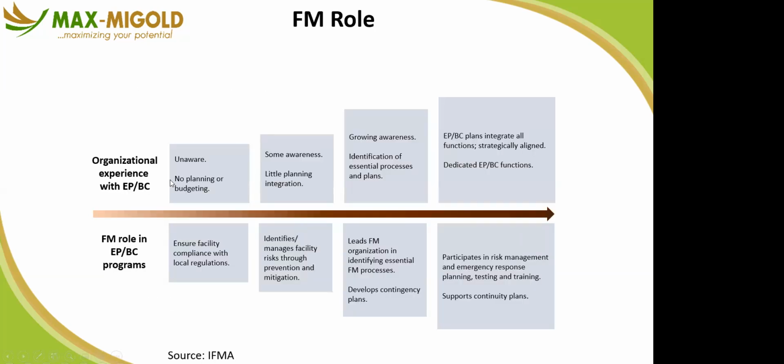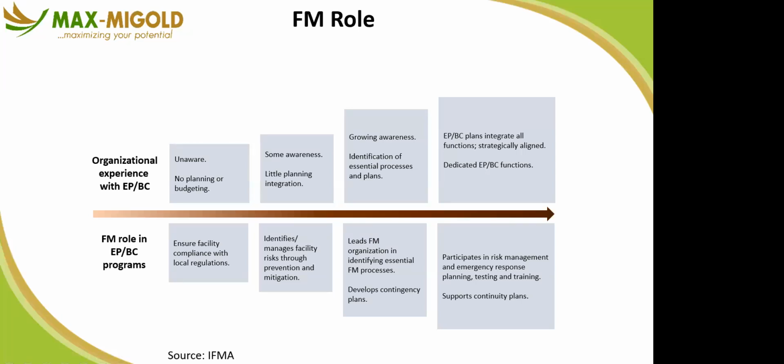This slide speaks to the maturity level of FM in the workplace. Maturity level in terms of the experience you have with emergency planning and business continuity, that's EP/BC. And so, if your organization is unaware, of course, there'll be no planning or budget for emergency program or preparedness, as well as business continuity.